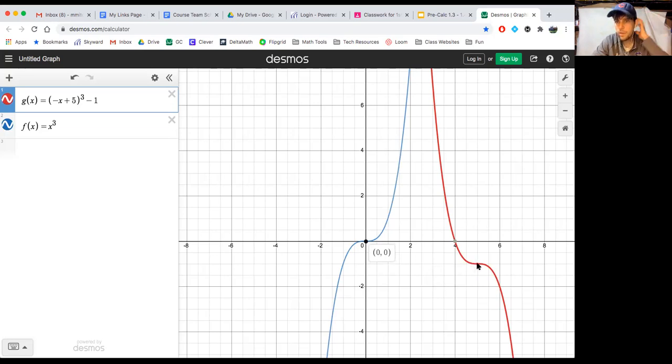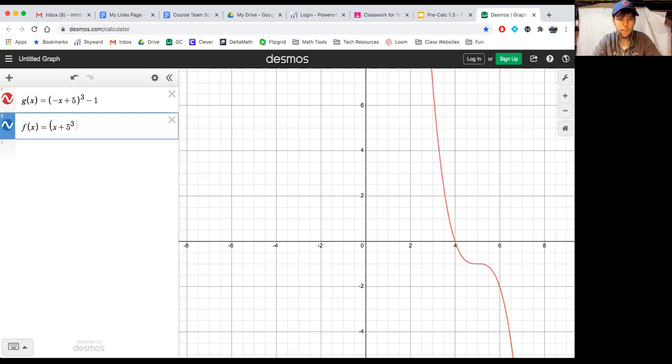At 5 minus 1. Okay, so if we think about these 2 things that are happening on the inside, if we do it in this order, if we move it to the right 5 first, so if I do that, plus 5, and then flip it over, it's going to actually look like that movement was actually a movement to the right, because now that we've moved it to the left, sorry, I think I misspoke.